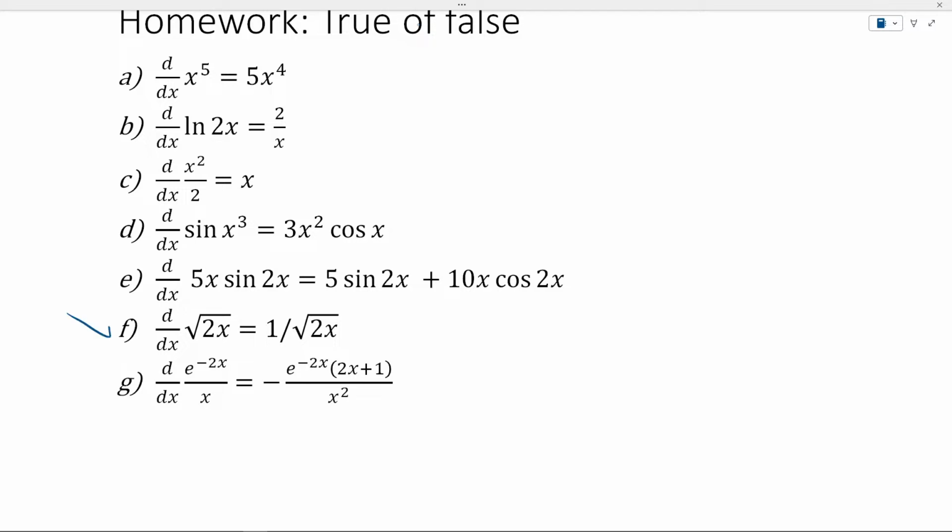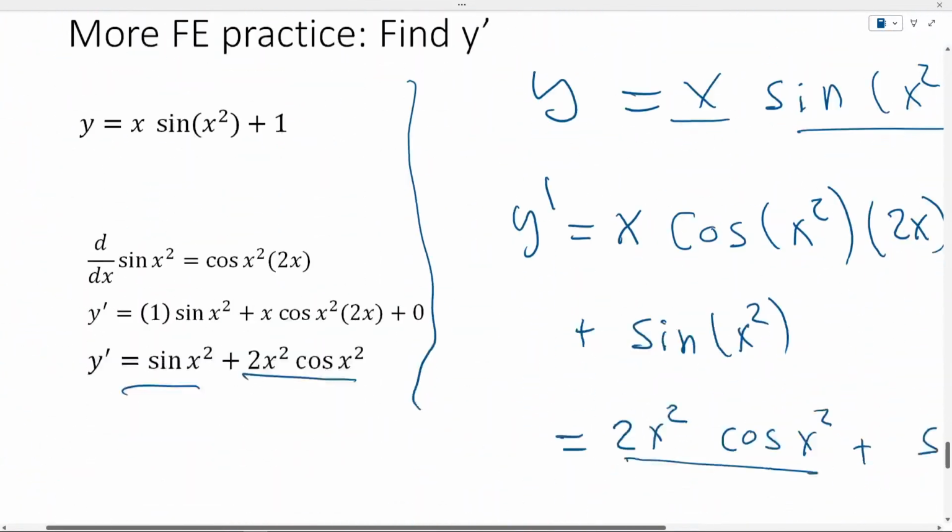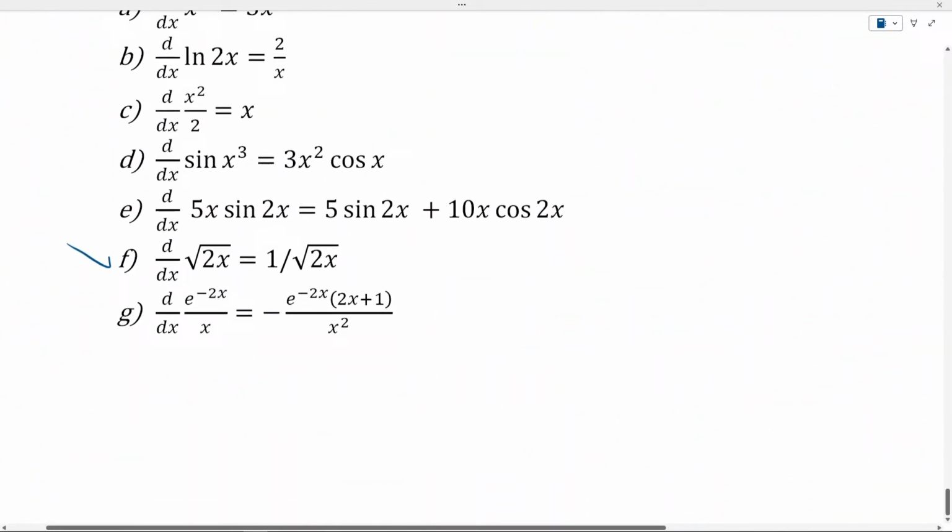Here, this is the quotient rule. I didn't show you an example for this one in the tutorial, but I showed you an example in the main video. The rule is simple; you can just write it down and follow it.